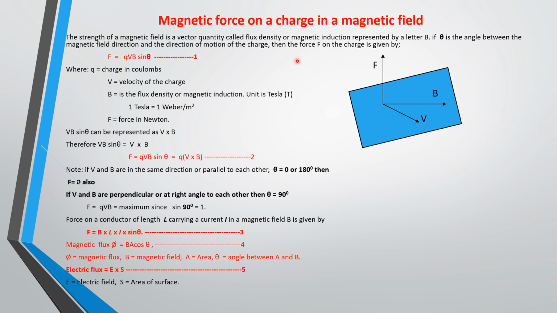Magnetic force on a charge in a magnetic field. So if a charge is placed in a magnetic field, the magnetic force on that charge is given by this equation.